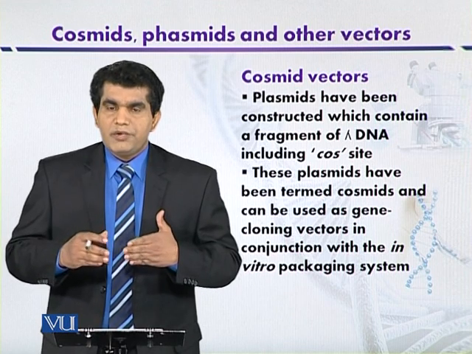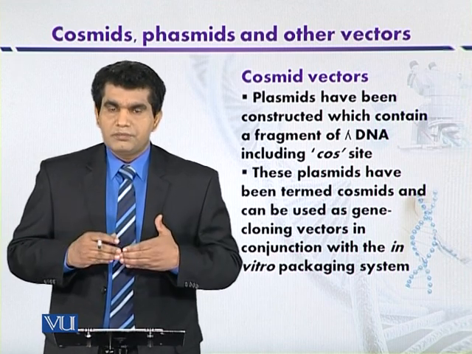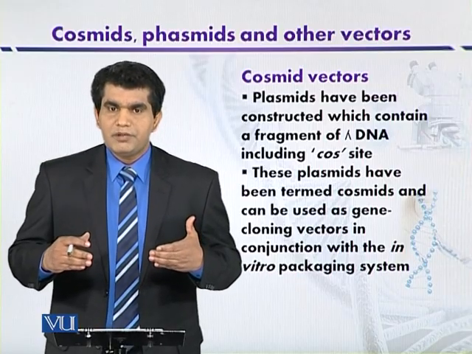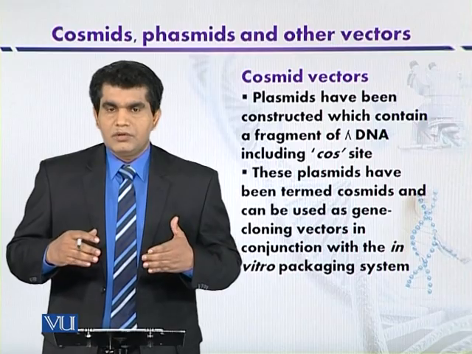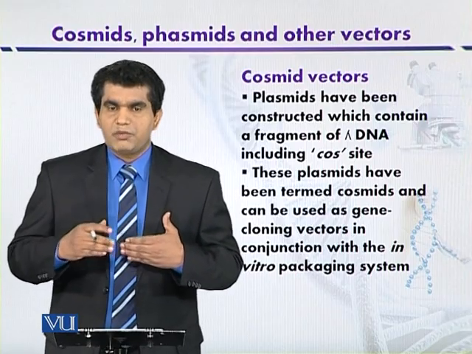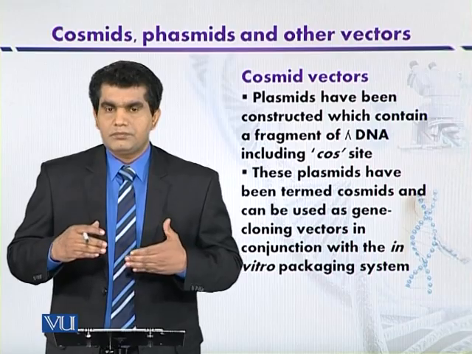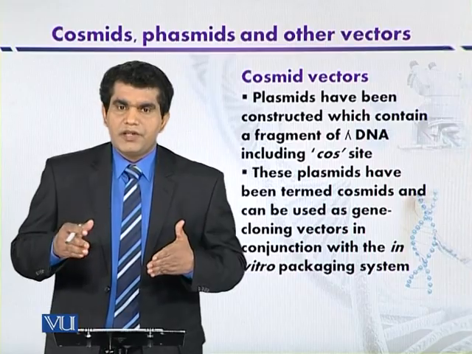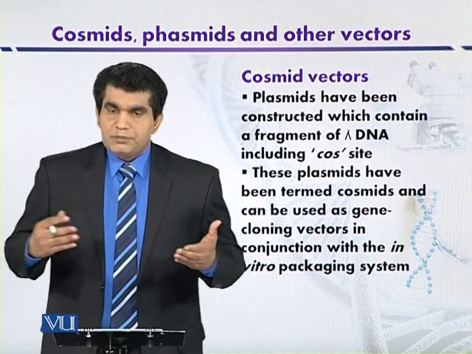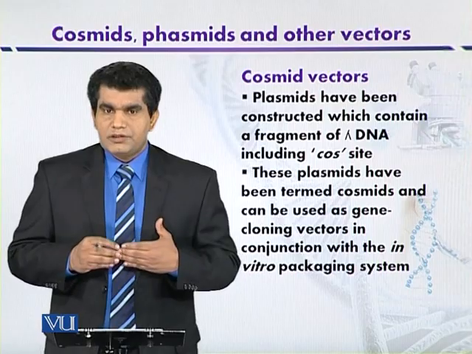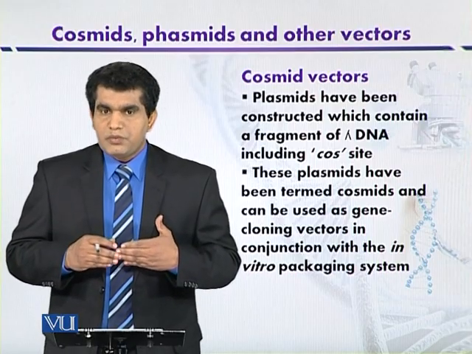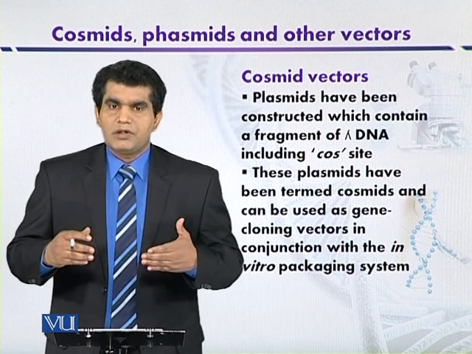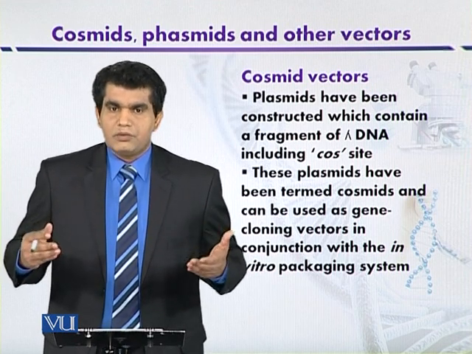When recombinant cosmids are produced, the in vitro packaging system is provided. If you remember, it is composed of bacterial crude extracts that provide all the essential proteins for the packaging of the foreign DNA into the phage head particles. Once it is packaged into the phage head particles, it can be used to effectively infect suitable host organisms like E. coli.